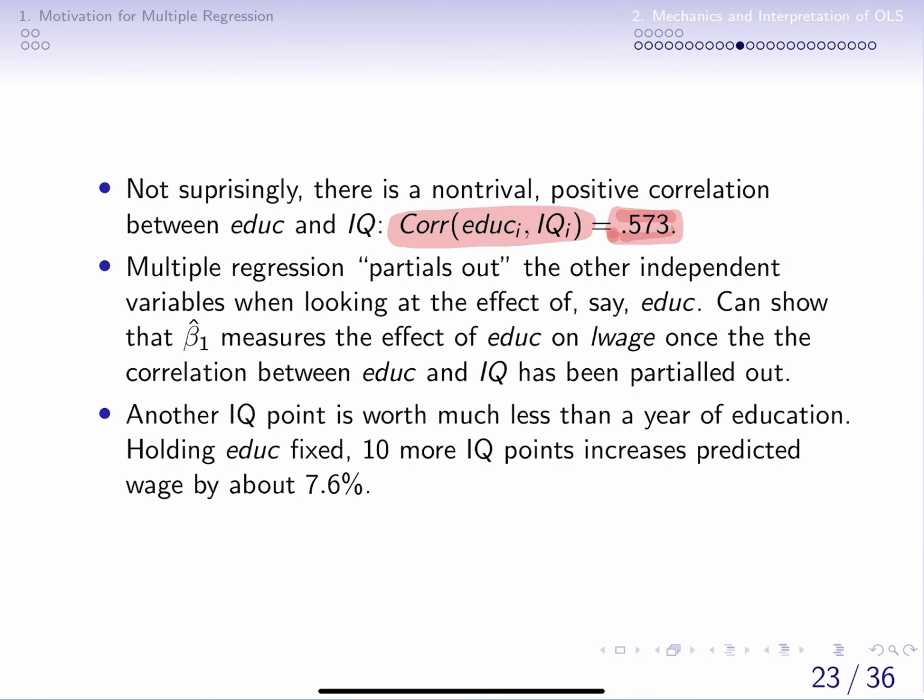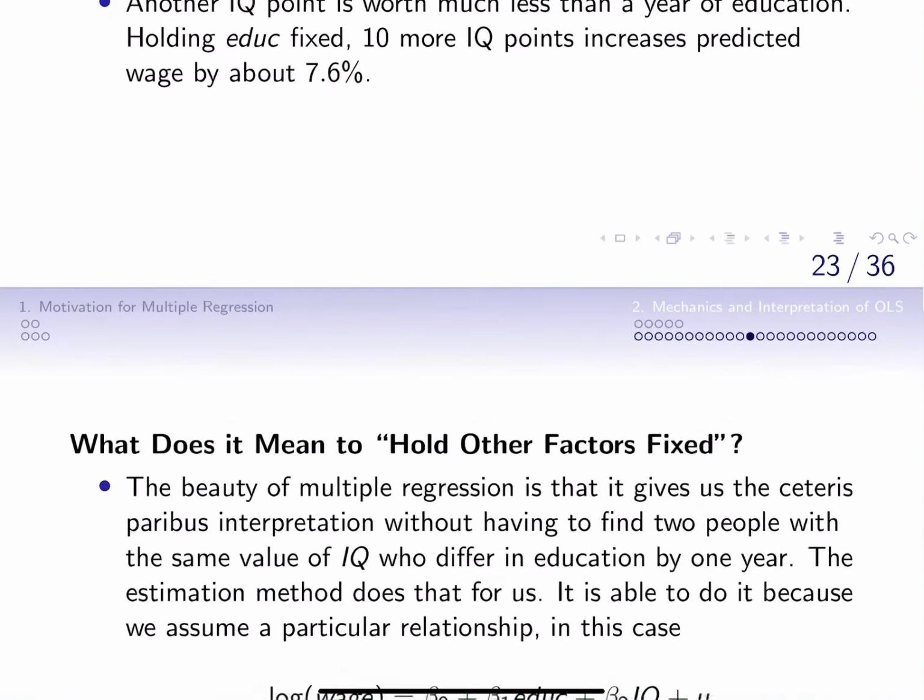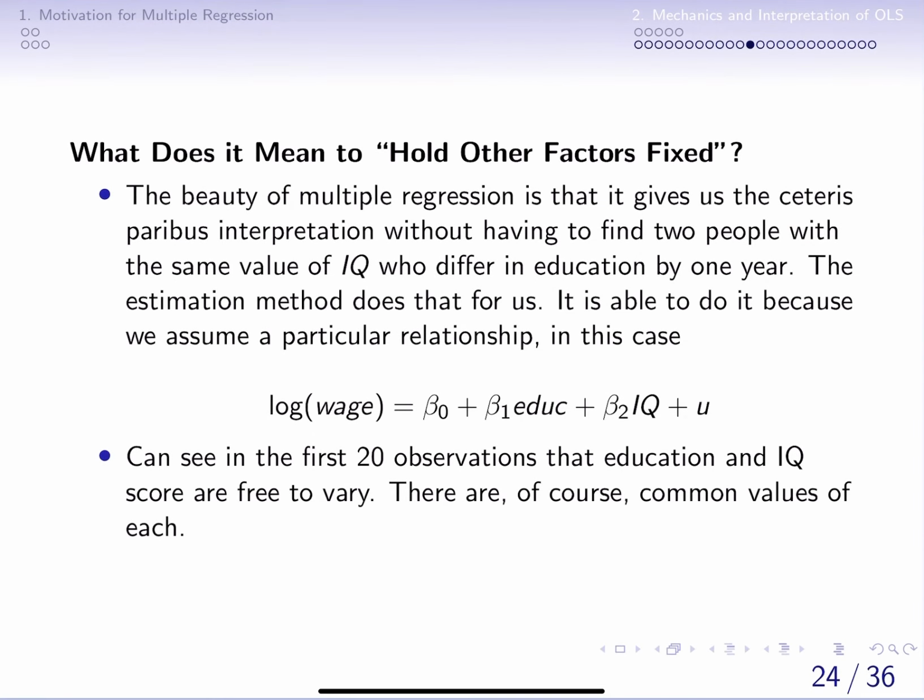Okay. So again, multiple linear regression is trying to partial out or isolate the effect of that independent variable, right? It's partialing out the effect of other variables and trying to isolate the effect that one variable has on y. Okay. And this is what we mean when we say we are holding other factors fixed. So the nice thing, like I said before, of multiple linear regression is that it gives us the ceteris paribus interpretation.